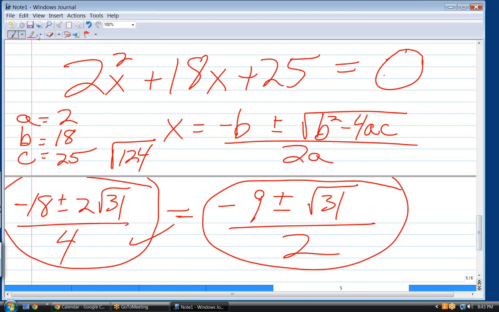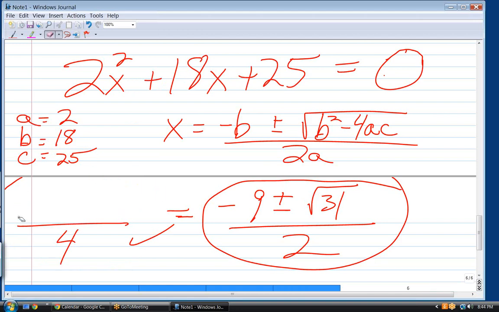So you can see how difficult these problems become, particularly if you don't know whether it's factorable or not. And a lot of times the only way you know if it's factorable is to sit and try a bunch of trial and errors. So, I don't know.